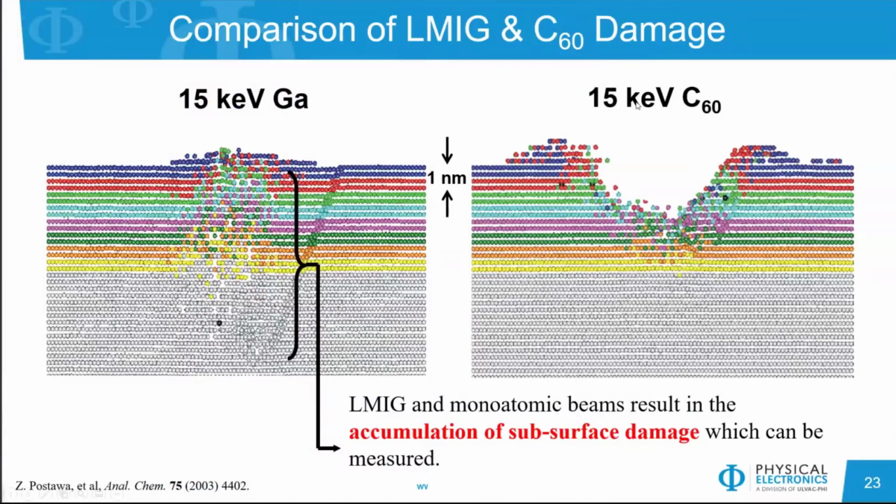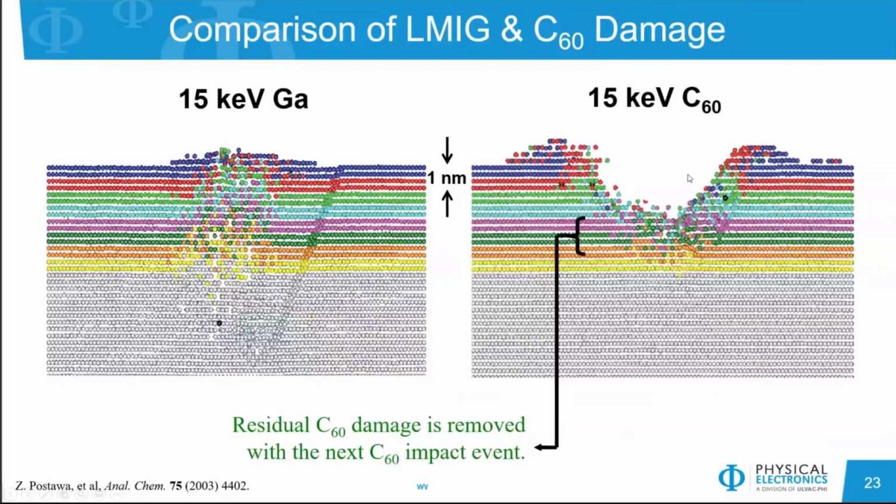With this cluster source, your energy per nucleon is roughly 250 eV, so it's much shallower and you can get much higher ion yields. And the residual damage from C60 is removed with the next sputter event, so you can actually get a clean surface that's undamaged by using a cluster source.